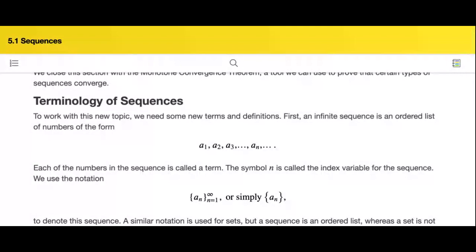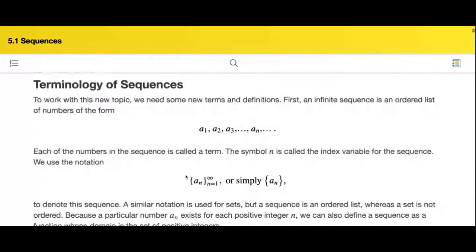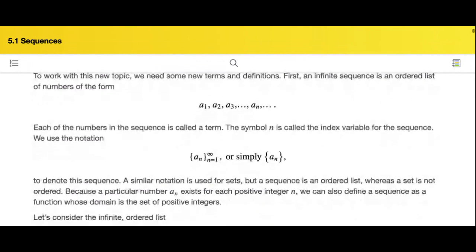So let's see some terms. We use a1, a2, a3 to represent each term in the sequence. a1 is the first term, a2 the second term, and so on and so forth. Each number in the sequence is called a term. The symbol n is called the index variable for the sequence.